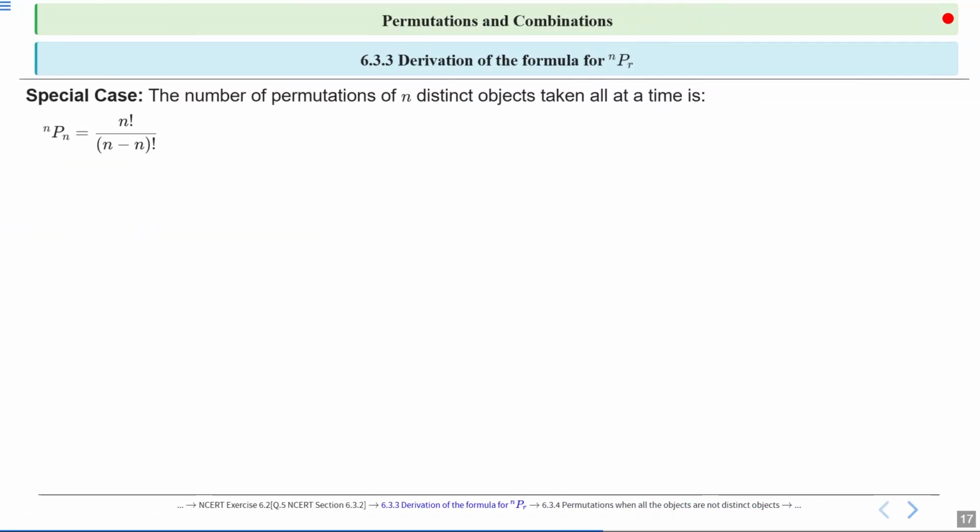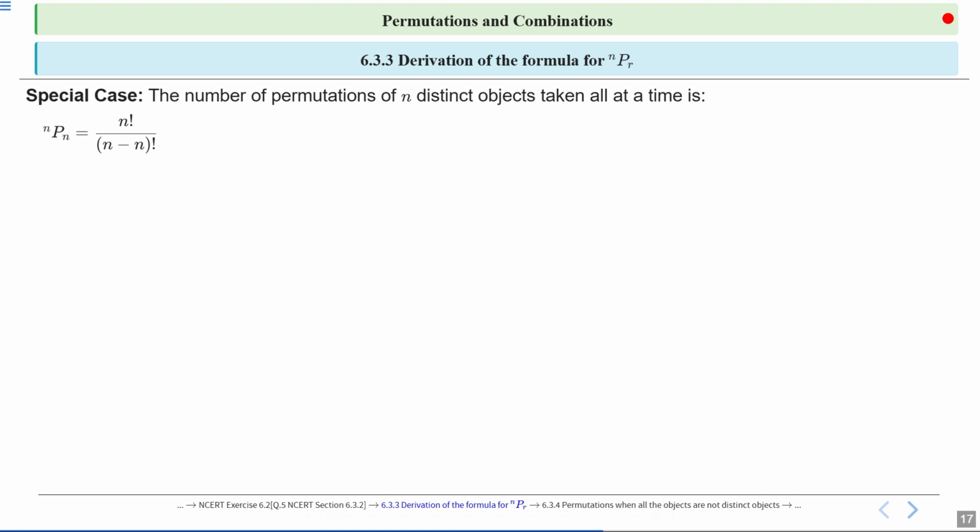Now we understand a special case for nPr. The number of permutations of n distinct objects taken all at a time is nPn, equal to n factorial upon (n minus n) factorial.